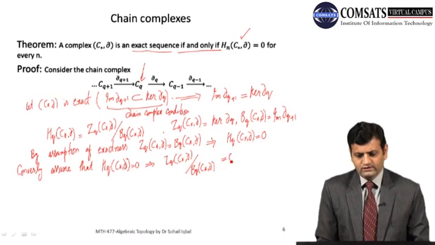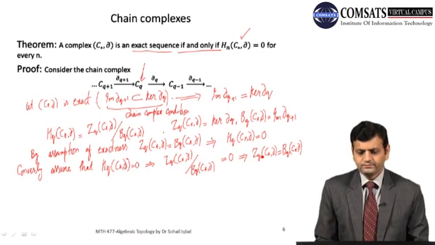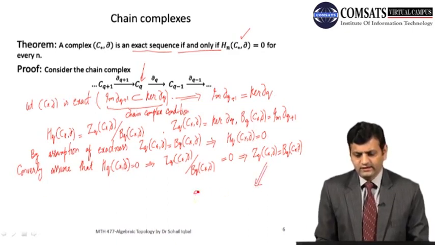If this is a 0 module, we can say that Zq is equal to Bq, because this quotient module is 0. So Bq must be equal to Zq, and this implies directly that the image of partial q plus 1 is equal to the kernel of partial q.